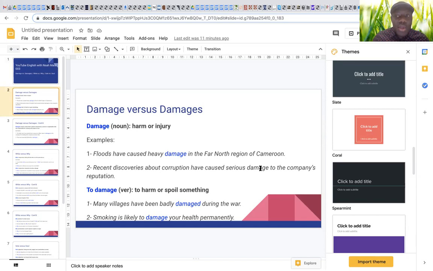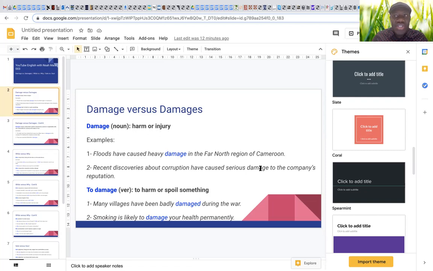So if we take the first example, even if the flood has caused damage to 20 million people and each person has a different form of damage, all of that put together is damage and not damages. So do not, as a journalist or whoever making a report, say that there have been heavy damages caused by the floods in the far north.